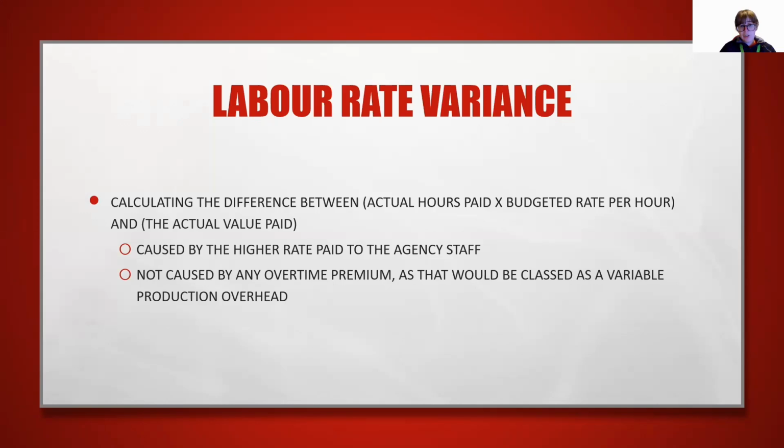Or, if the labour rate variance is favourable, it might be because we've employed junior staff. We can pay them less, they're not as experienced. And the national minimum wage is obviously going to be lower for those younger age ranges, although Labour are perhaps set to change that in the coming years.